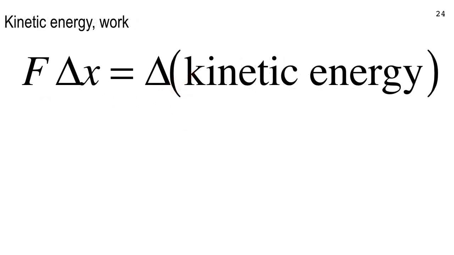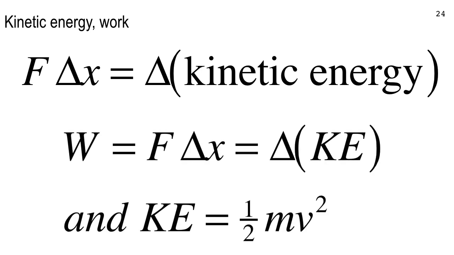It's called kinetic energy and work. And there, my wonderful students, is the work formula. F delta X, that's the work. Just like F delta T is the impulse. That's equal to the change in the kinetic energy. All right? Kinetic energy is defined as 1/2 mv squared.